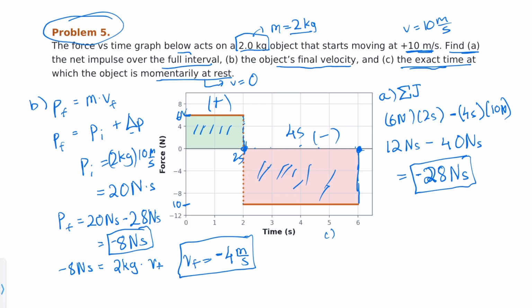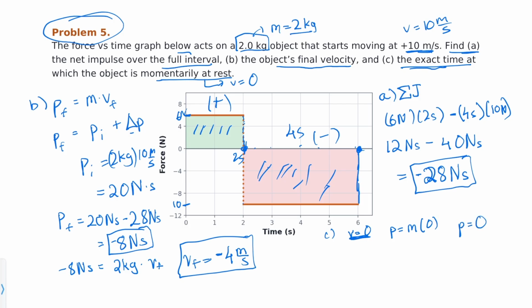So we need to find a way to pinpoint where our velocity is 0. And how are we going to do that? Well, at the point where the object is momentarily at rest, where velocity is 0, since momentum is mass times velocity, momentum would also be 0.